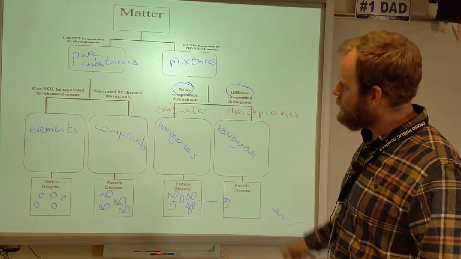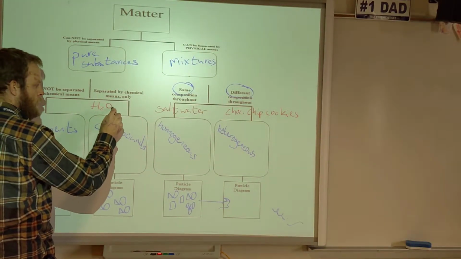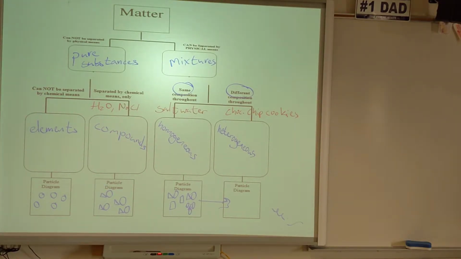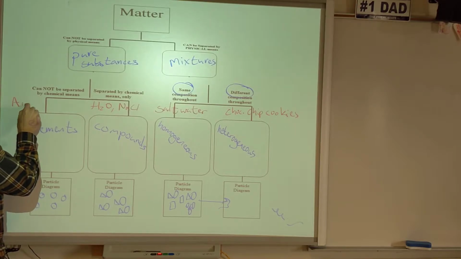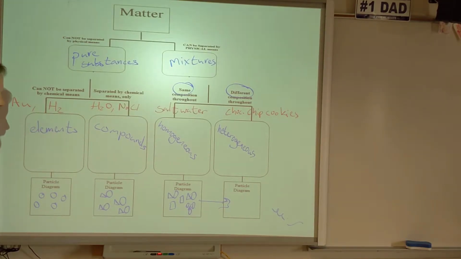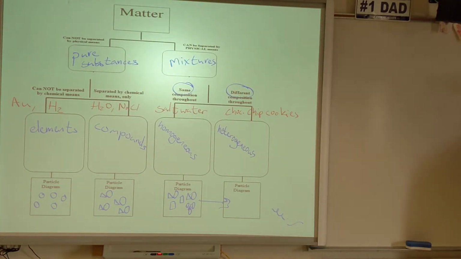So there's different compositions. Compounds, we have water, table salt, etc. So there's more than one chemical element there. And then for the elements, you just have one chemical element. Gold, hydrogen, etc. I think that's it for that slide.